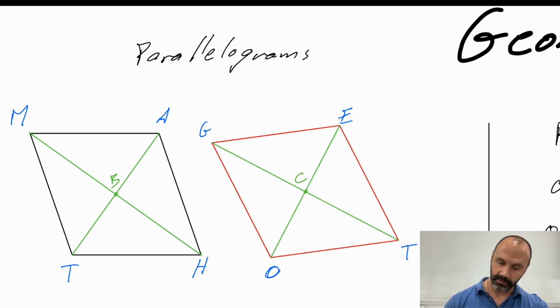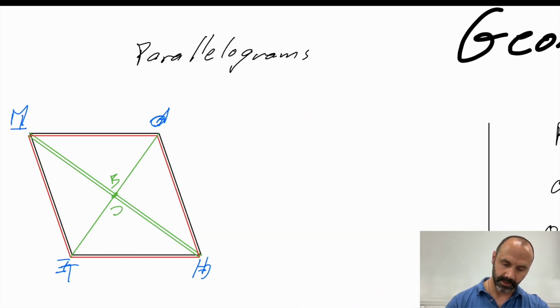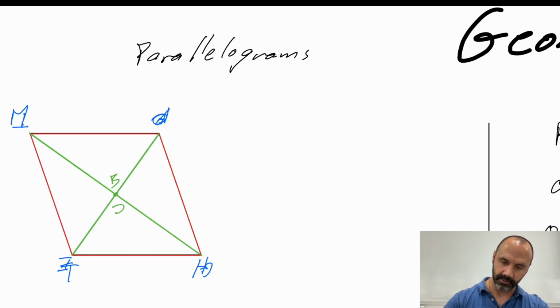Good. So now when I flip this over and line it up, again, even these line segments line up perfectly with each other, right? This means that this segment is the same as this segment is the same as this segment.